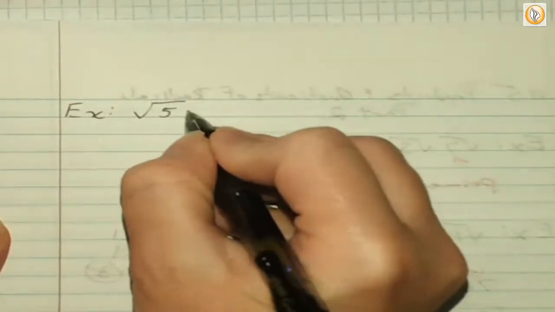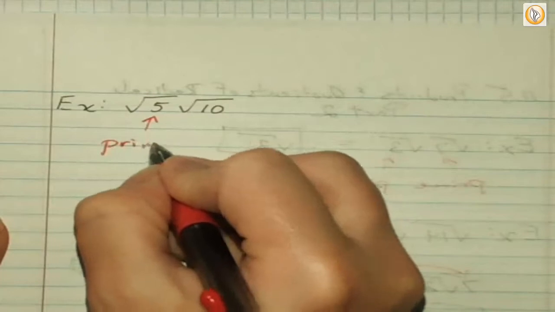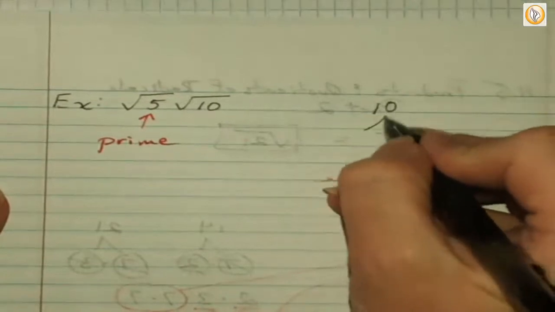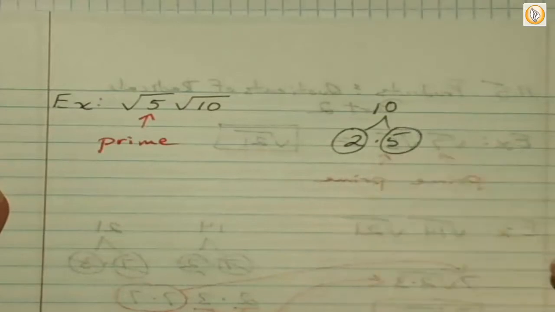Square root of 5 times square root of 10. All right, first of all, this 5, is that prime? Do we need to do a factor tree on prime numbers? No. But the 10 is not. But we know that 10 is 2 times 5, right?